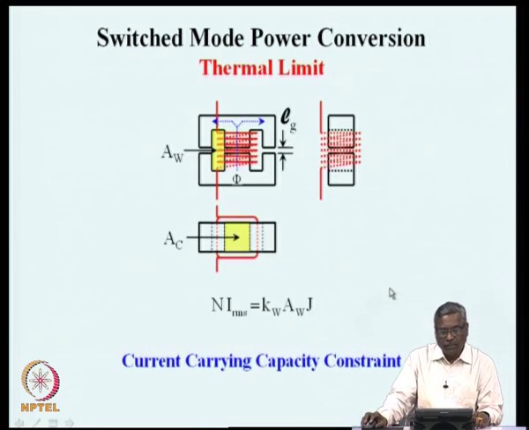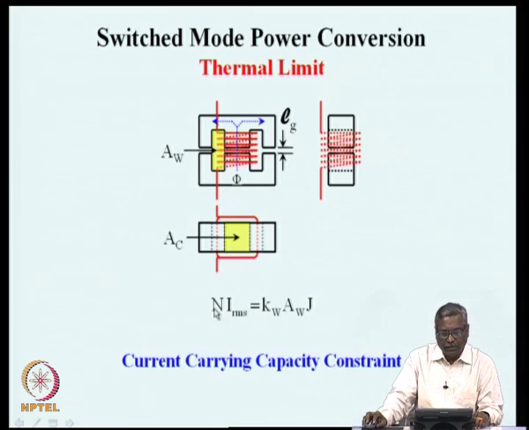So, of the two constraints that we have, one we had seen is the saturation constraint. The second constraint is known as the thermal limit, and it indicates that the RMS current of the conductor and the number of conductors in the window area have to be such that the maximum current density in the material, in the copper or the conducting material, is not exceeded.